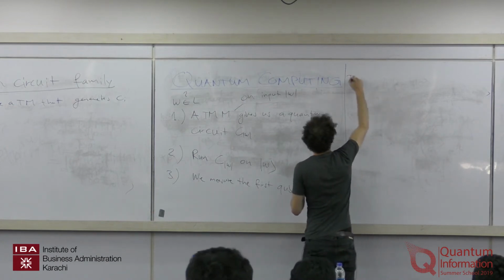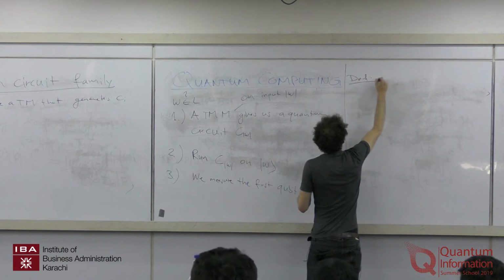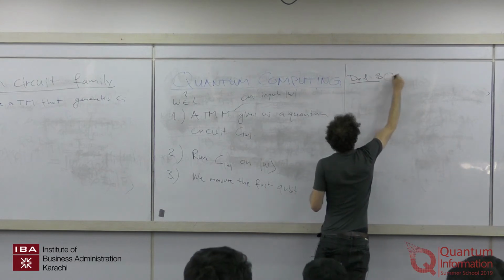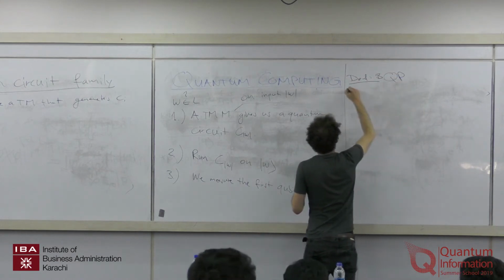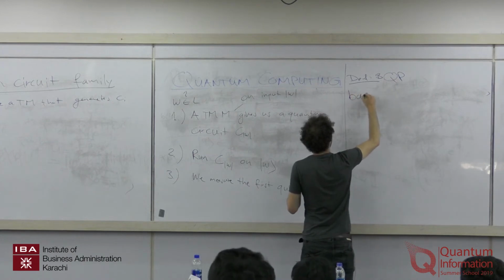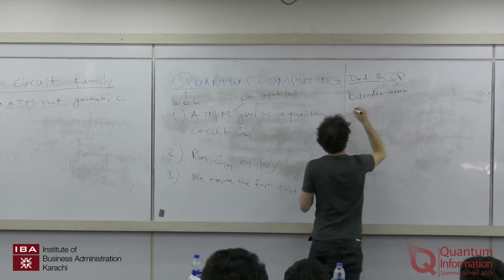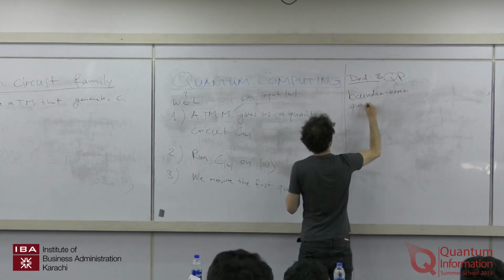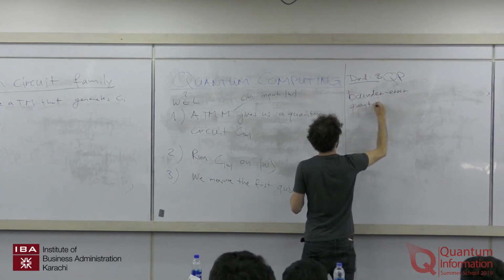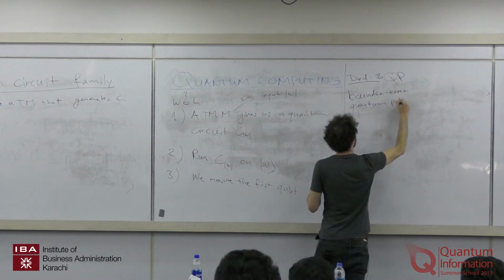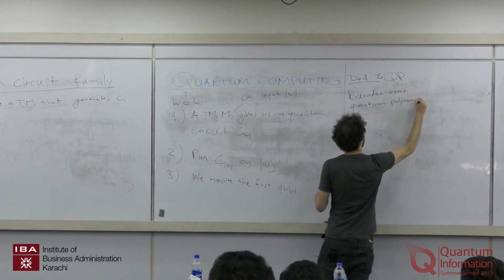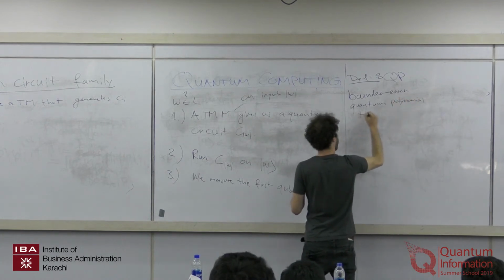So we can now define BQP. This is bounded-error quantum polynomial time.